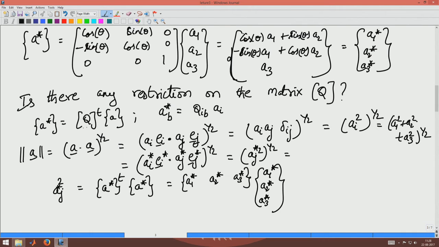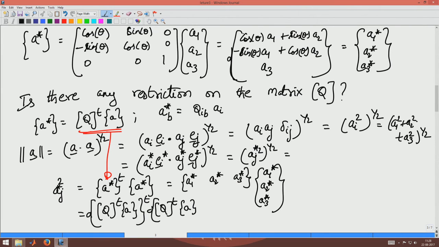Now, substituting this for A star, what I get is Q transpose A, the whole transpose, times Q transpose A vector.